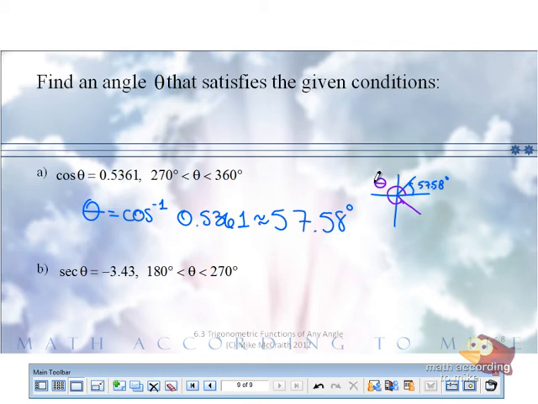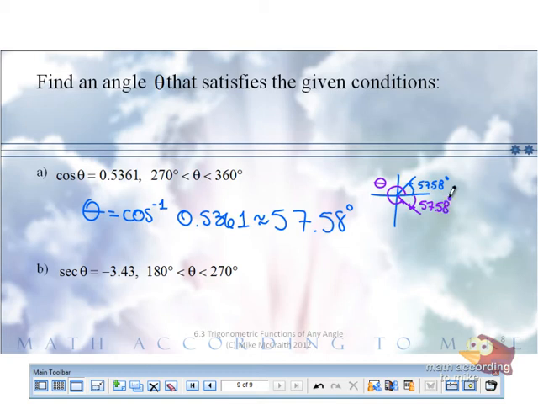So remember, the whole purpose of a reference angle is that the functional values are the same except for their sign. As it turns out, cosine is positive in the first quadrant and also the fourth. So by design, if this angle right here is 57.58, then so is this angle.